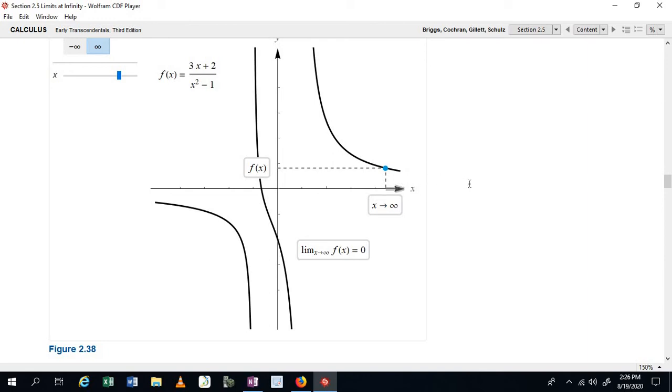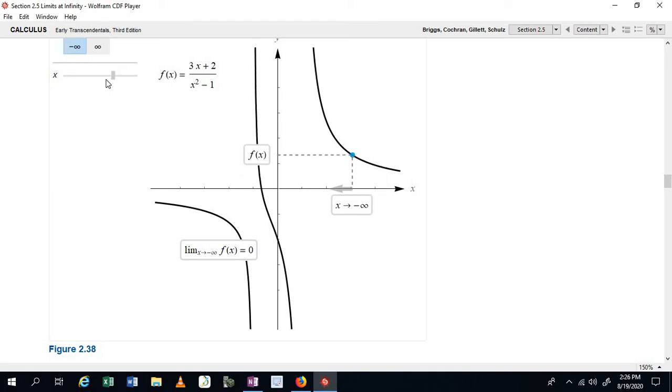So the y value is getting closer to 0. And then as x heads towards negative infinity, you can see as x is heading towards negative infinity, the y value is creeping up towards 0, right? A y value of 0. Okay, so yes, in both cases, the end behavior is 0.